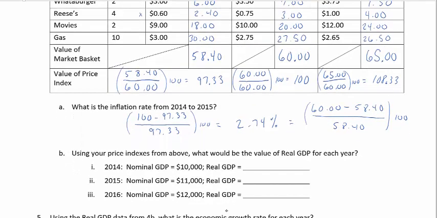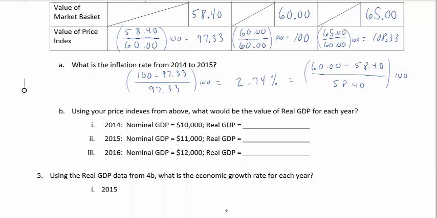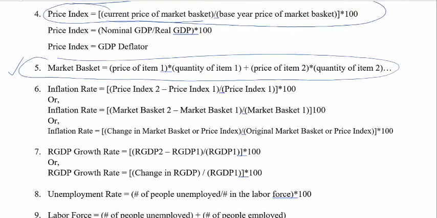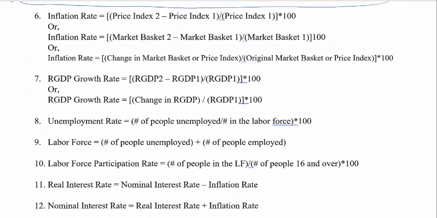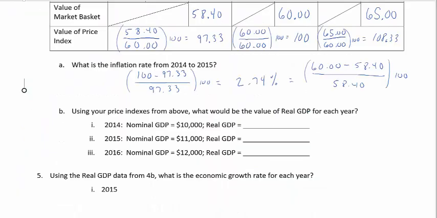Alright, so part B, we're going to use those price indexes to determine what real GDP is in each of those years. So again, let's go back and look at that formula. Real GDP is just nominal GDP divided by the price index times 100. So let's do that.